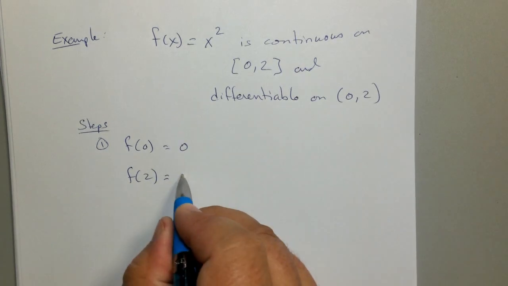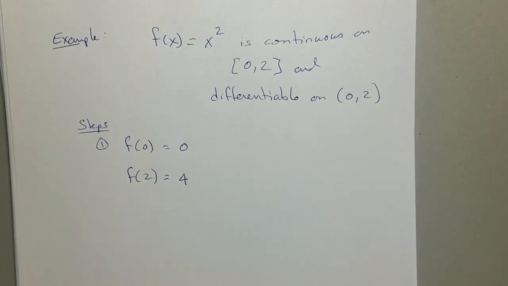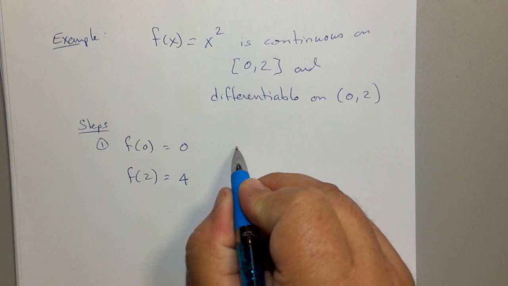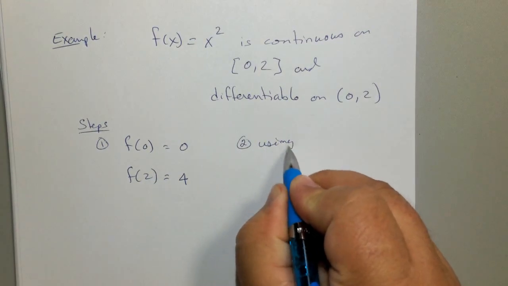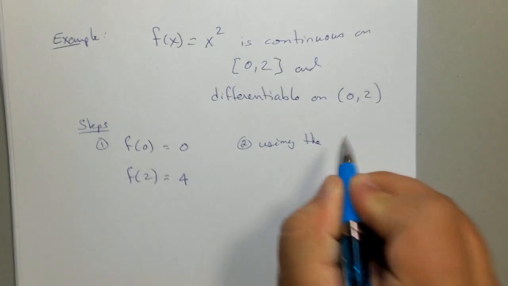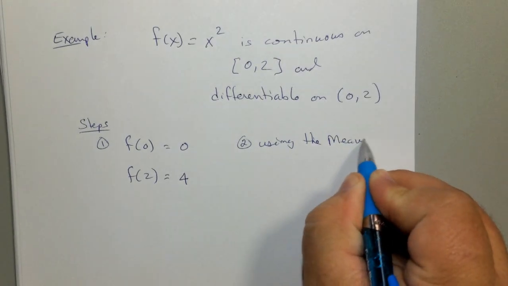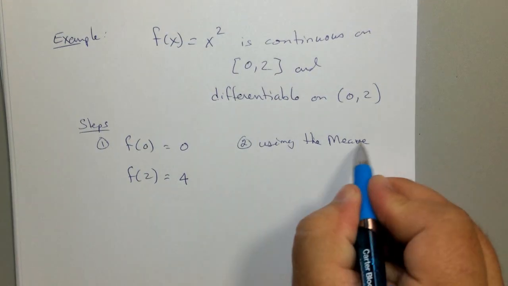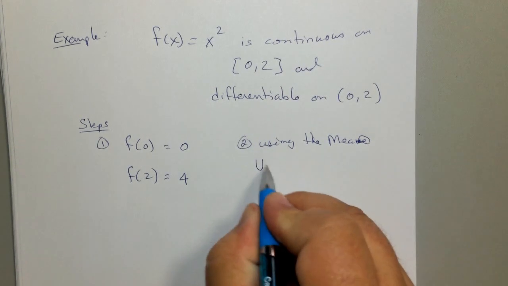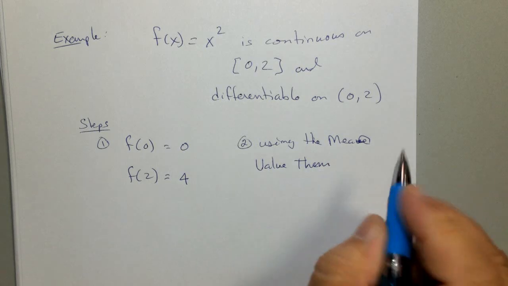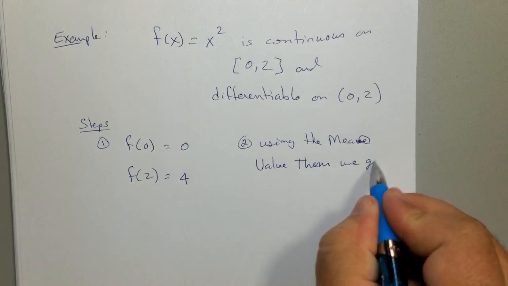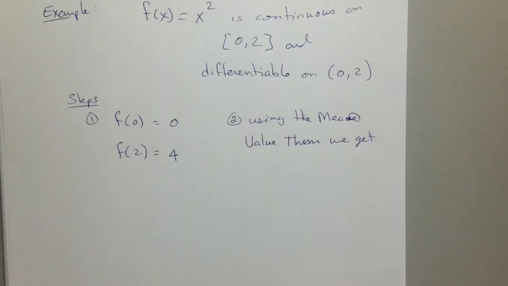F of 2? Step 2, using the mean value theorem, we get.